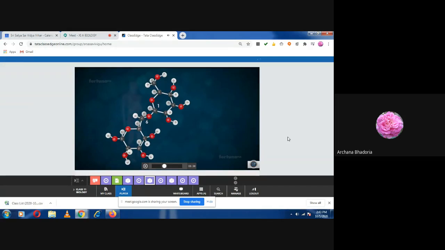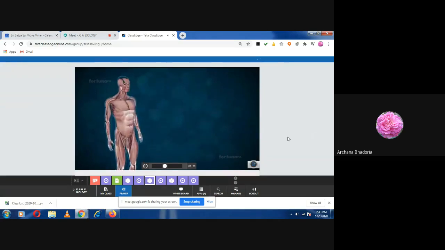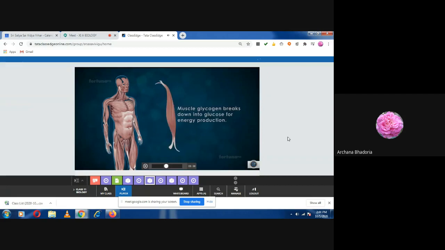Glycogen functions as the energy storage form in both animals and fungi. In humans, it is stored mainly in skeletal muscle and the liver. Muscle glycogen breaks down into glucose for energy production, while liver glycogen breaks down into glucose for the maintenance of blood glucose levels.